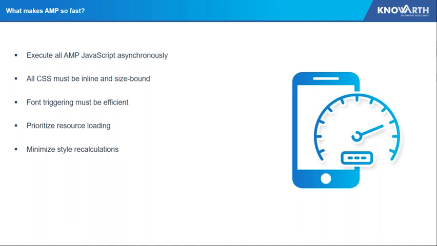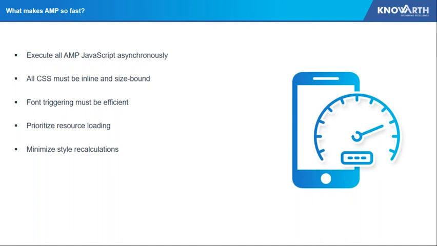While the page is being loaded, the JavaScript may get started, but it does not block the render of the page. To ensure that JavaScript is not render blocking, AMP does not allow any JavaScript that is not asynchronous.